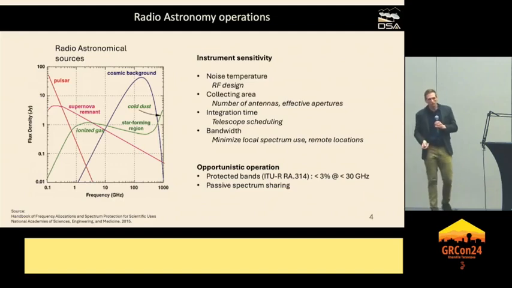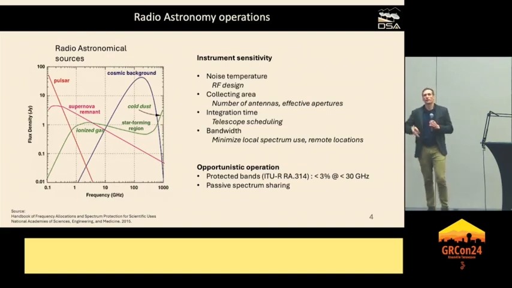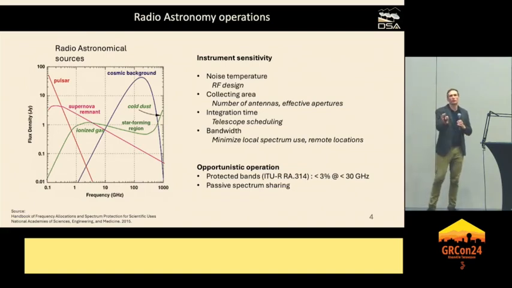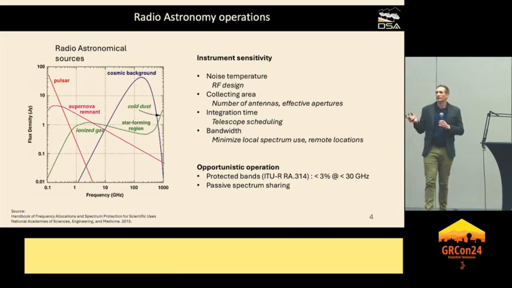And finally, another very important parameter that we exploit is the bandwidth of our receivers. The great thing about radio astronomy is radio sources are wideband in nature, right? Nature doesn't produce narrowband signals. So whether we observe it over 5 megahertz, 10 megahertz at very low frequency or very high frequency, the astronomical signal that we're trying to observe will emit at all those frequencies.